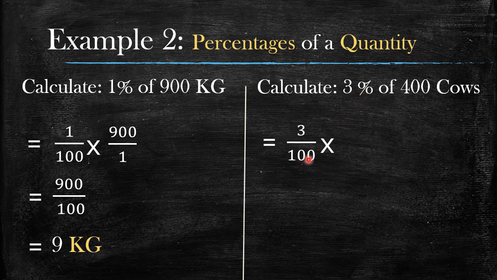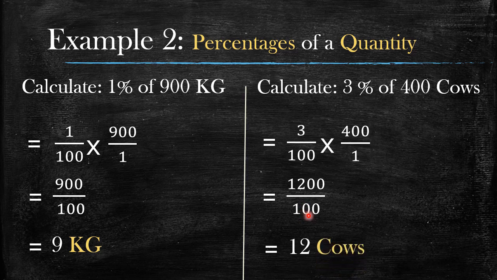We multiply it by 400 over 1. Okay? So we say 3 times 400 equals to 1200. Now 100 times 1 equals to 100. Okay? So from here we say 1200 divided by 100 gives you 12. So you give the uncle 12 cows for his daughter.